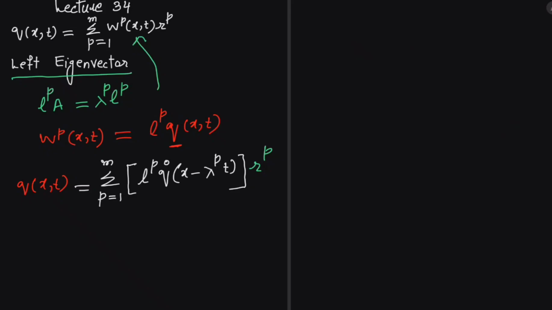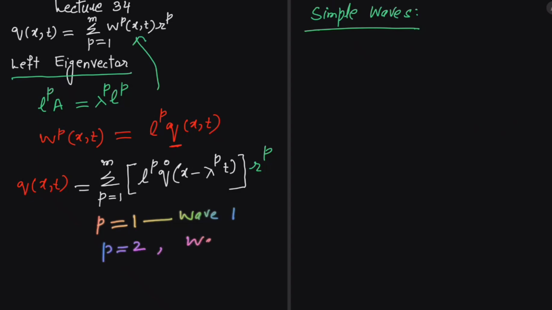Now, there is another definition which is known as a simple wave. What is a simple wave? First, we need to understand that p shows the wave number. When p is 1, we have wave number 1. When p is 2, we have wave number 2, and so on. So when p is 1 to m, it means that there are m waves over here.